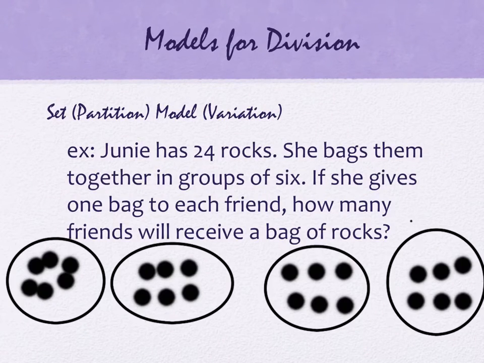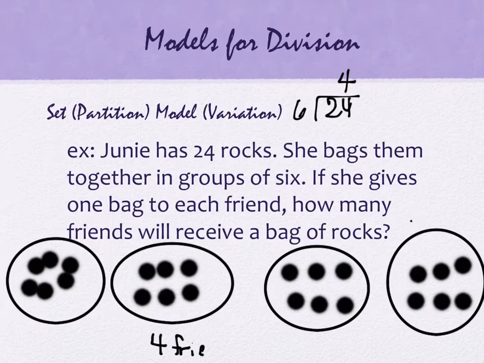Over here, while I'm still doing 24 divided by 6, and I'm getting 4, this time the rocks are being grouped into 6 instead of the friends, right? I mean, I'll have 6 friends, well, maybe I do, but they don't all get the rocks, right? I have 24 rocks, I've put them in groups of 6, and I end up with 4 friends getting my rocks. So my grouping feels a little bit different.